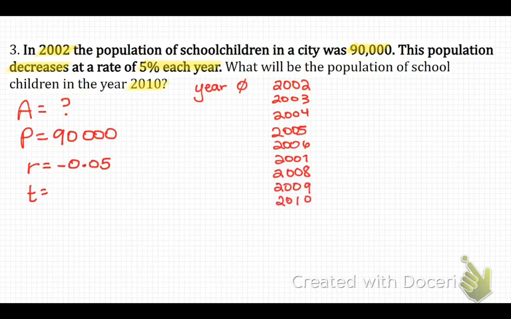From 2002 to 2010, count up how many years I put right there. There are 9 years up there because the first year is the 0. 2002 is the 0 year. So T is going to be 8. Listen to me. T is going to be 8 because it's in the 8th year, but I'm looking at a year 0. Does that make sense?